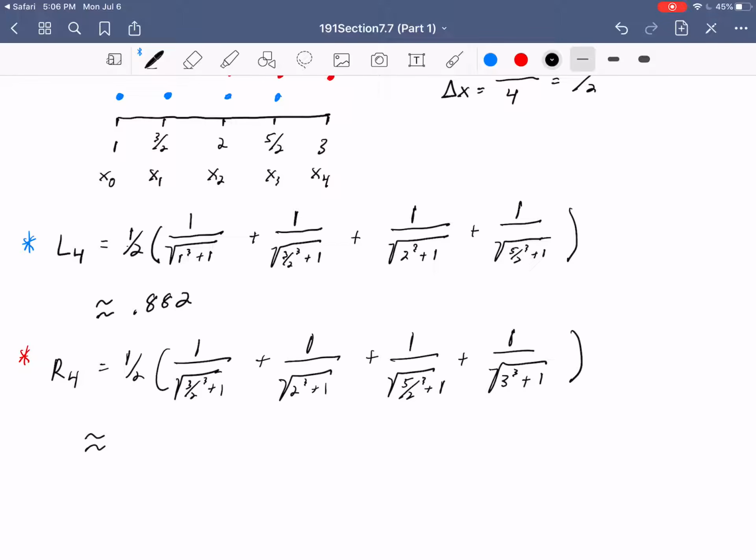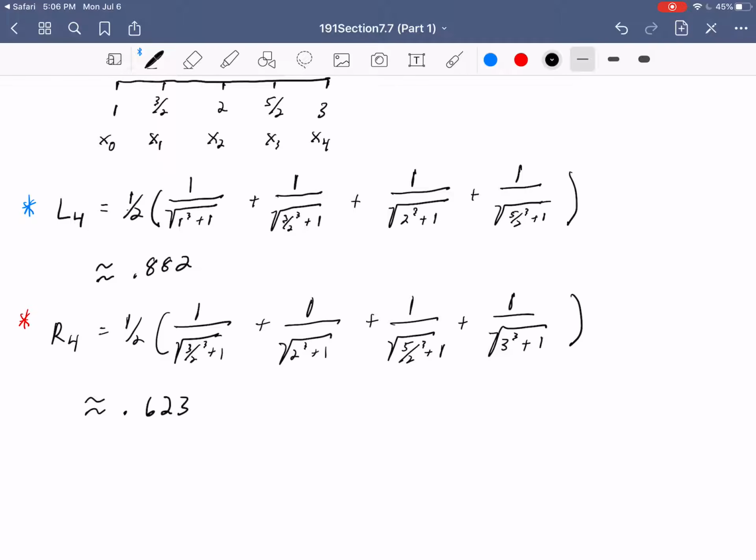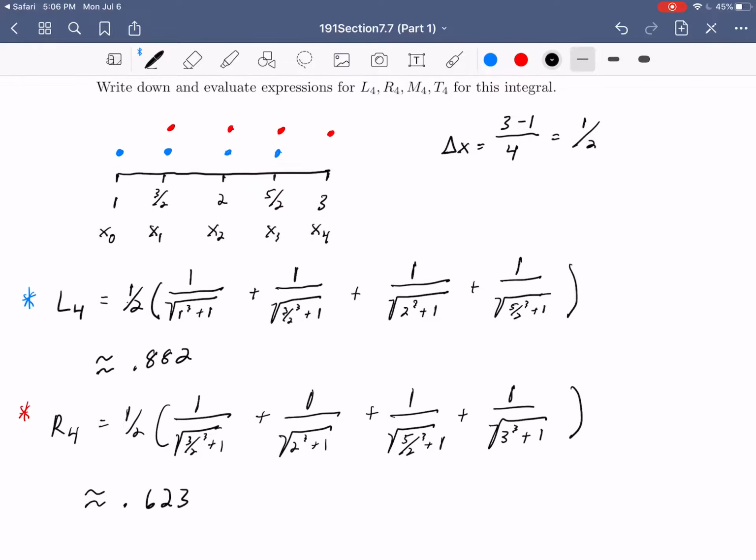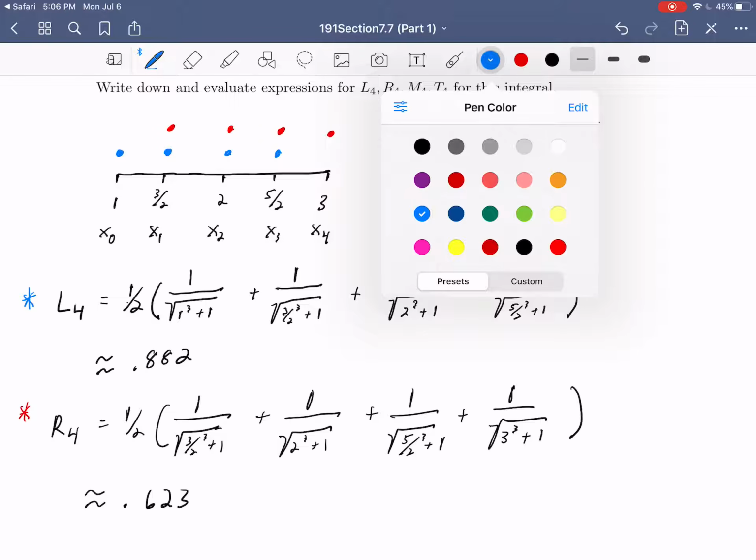So we'll see that we get a pretty different value here, 0.623. So there's our right end approximation. Obviously, these are pretty different, and that's mostly because we're only doing 4 partitions, so the accuracy is not particularly high here.